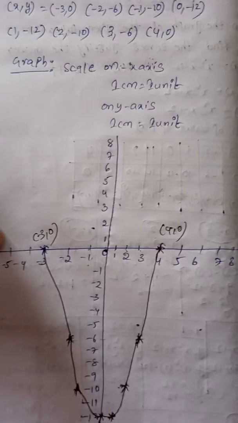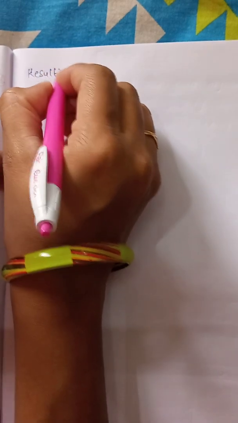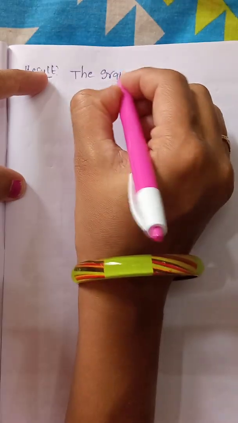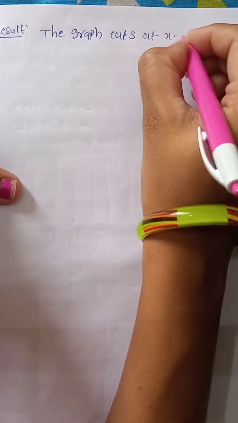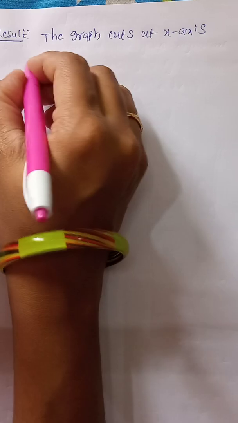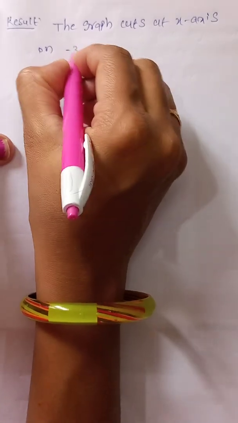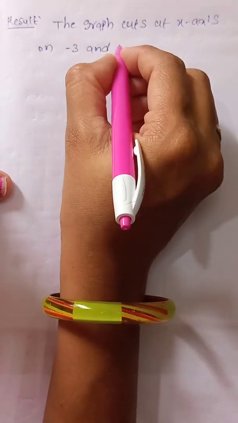So write the result. The graph cuts or intersects the x axis at minus 3 comma 0 and 4 comma 0, so only the x coordinates, minus 3 and 4.